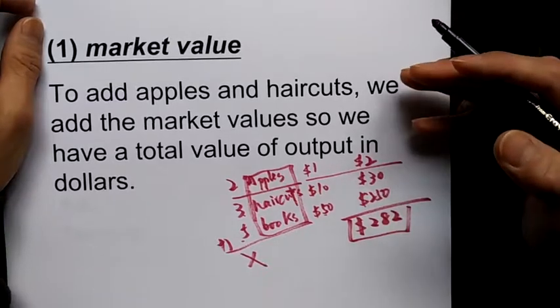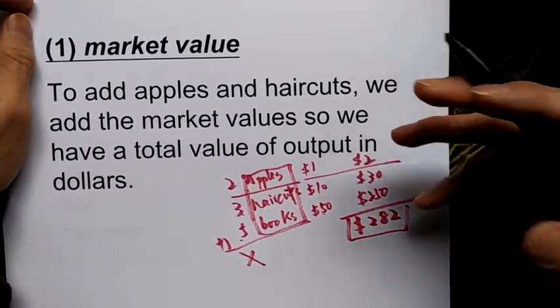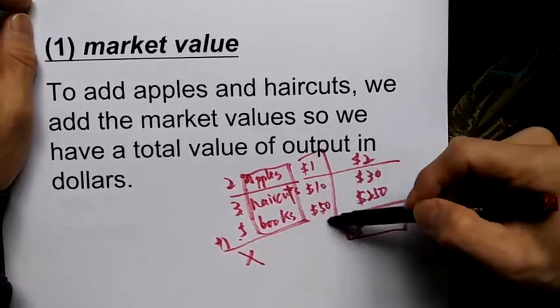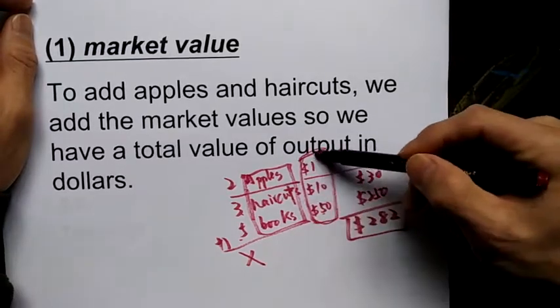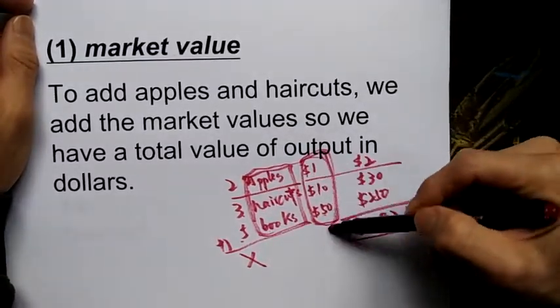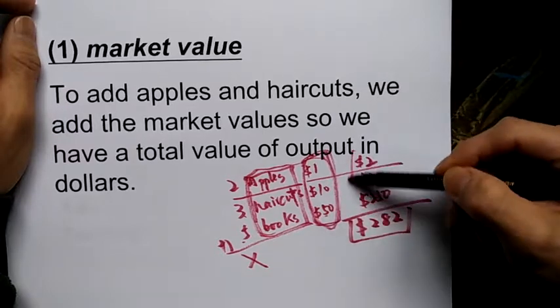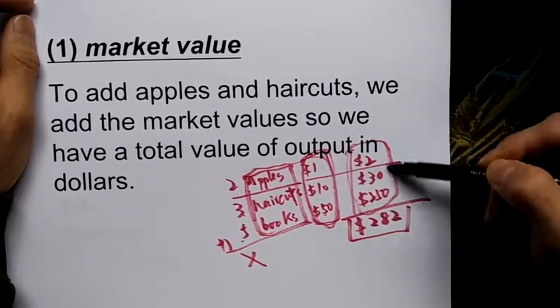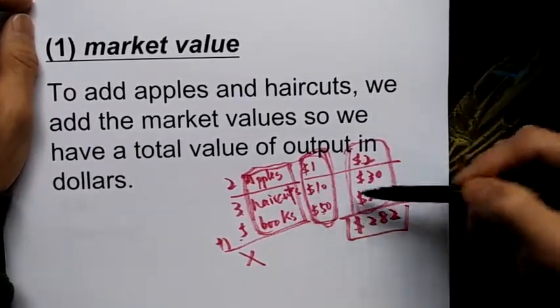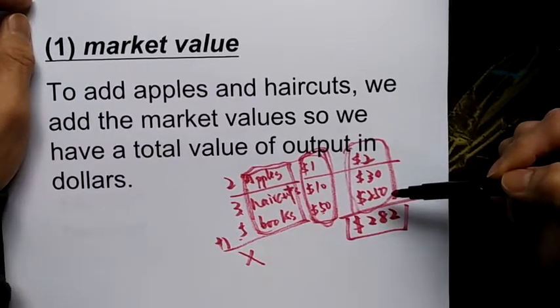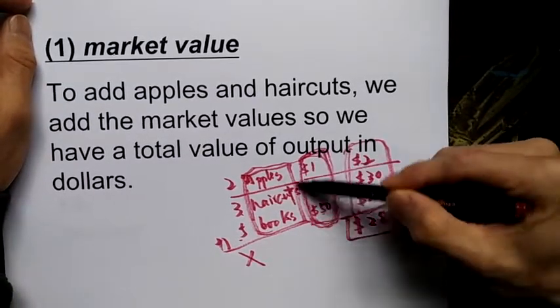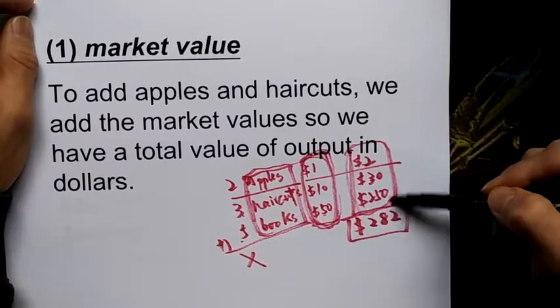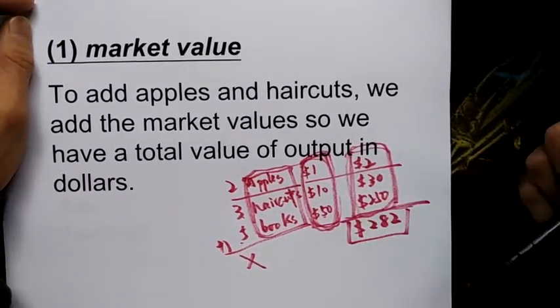Therefore, for the whole economy, we have to know the market value, the price of the apples. So this is the market value of apples, haircuts, and books. We have to have the market price to get the market value and sum them up.